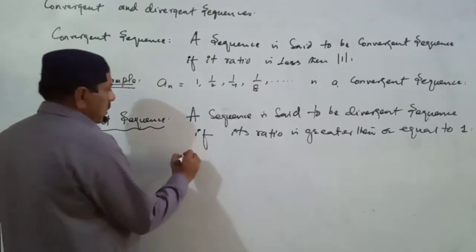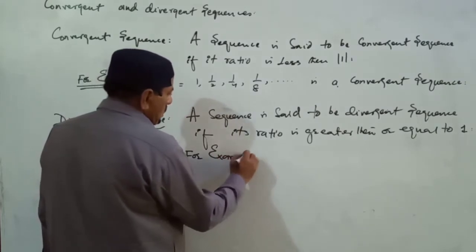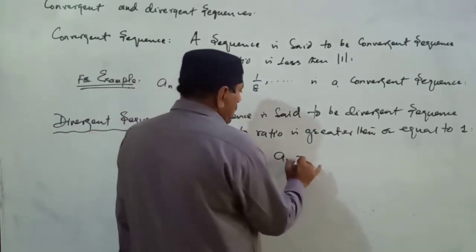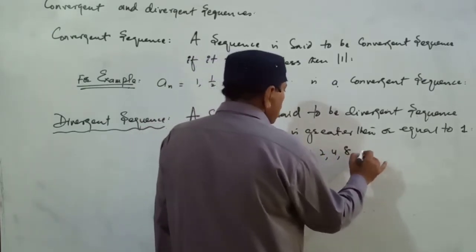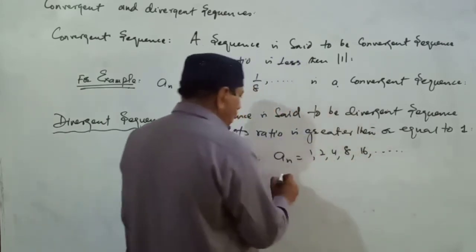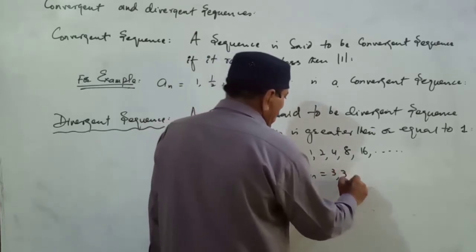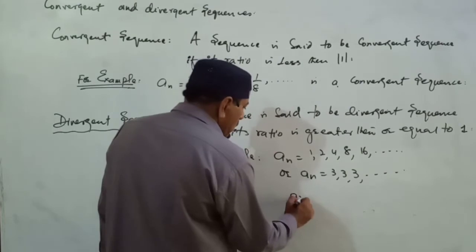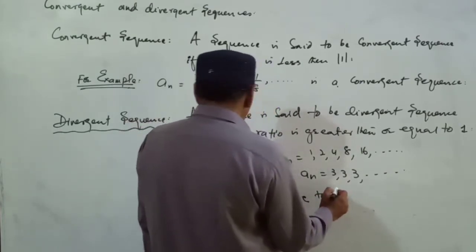For example, a n is equal to 1, 2, 4, 8, 16, or a n is equal to 3, 3, 3, are two divergent sequences.